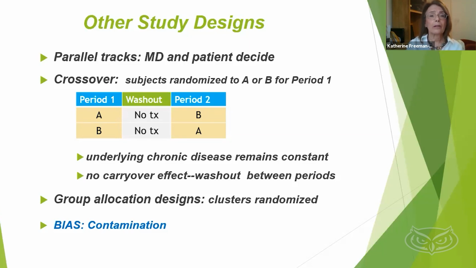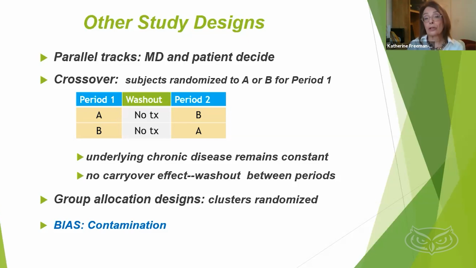Okay. Another type of design, which you may have heard of, is called a crossover design, whereby during period 1, patients are randomized to treatment A or B, or you could have C or D, or how many other treatment interventions.